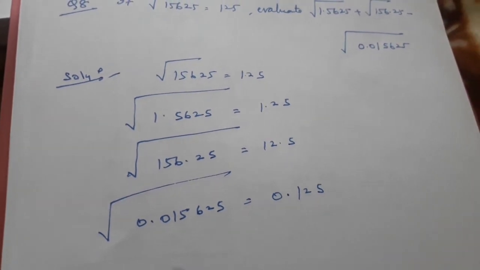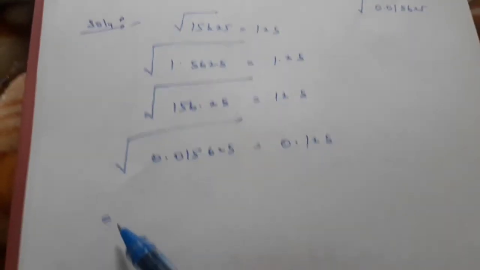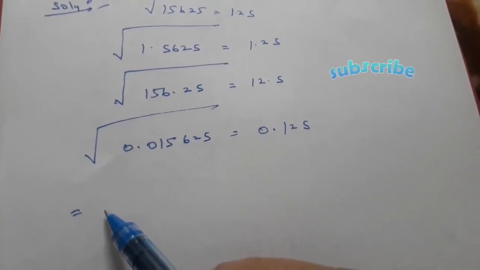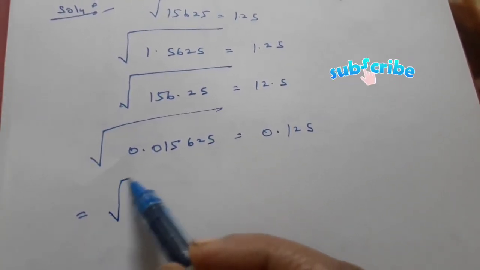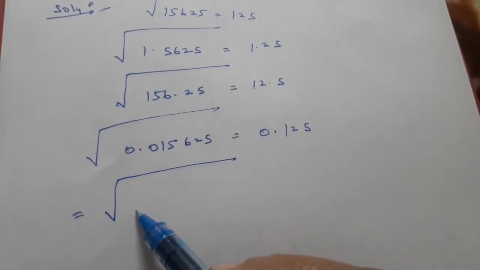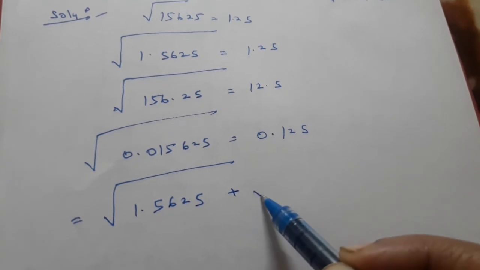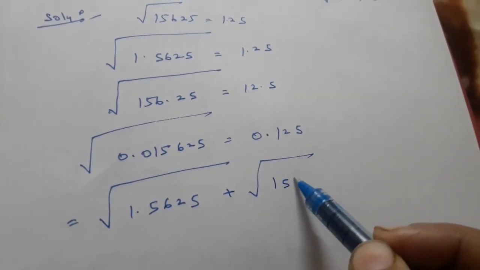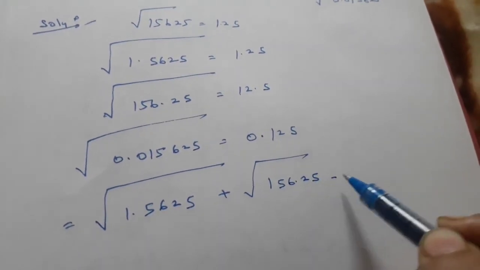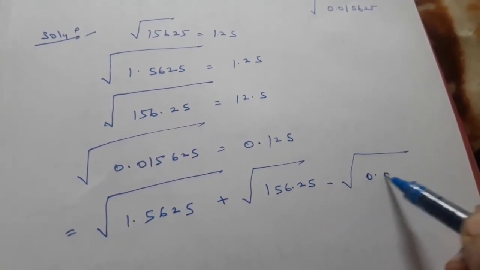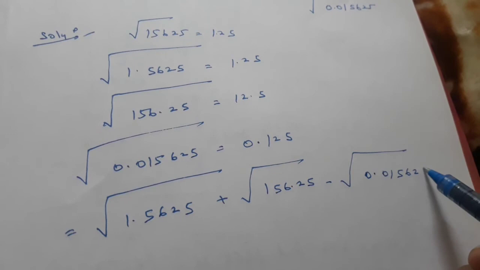Now according to the question, we have to go by the mathematical operations of these numbers, that is root 1.5625 plus root 156.25 minus root 0.015625.